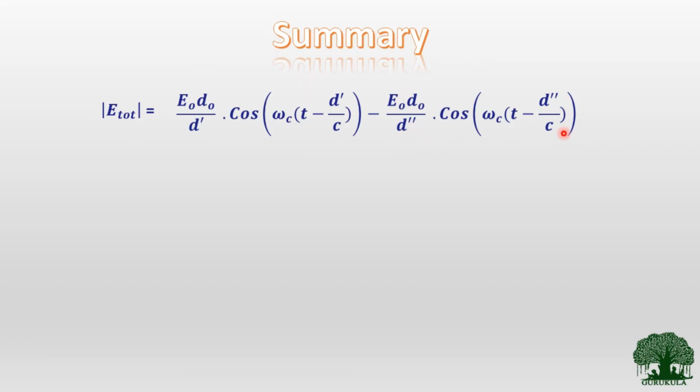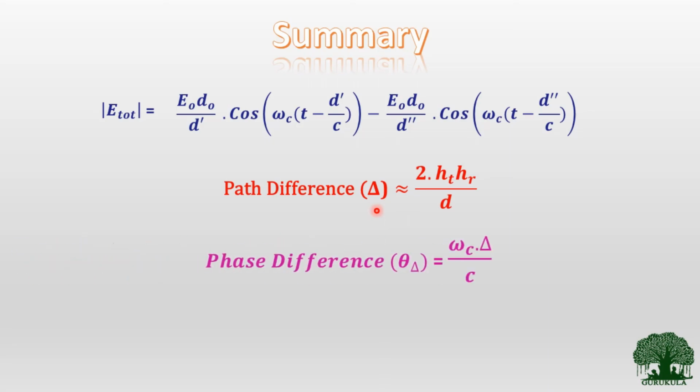So this will be the total E field which I am going to receive at the receiver side. Finding E total is completed, and then we found the path difference, which is approximated to 2 times h_t h_r divided by d. That is the path difference we get after applying the Taylor series approximation.